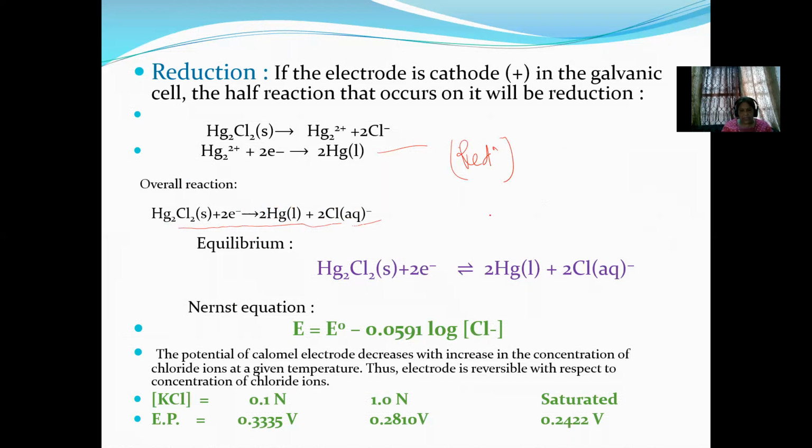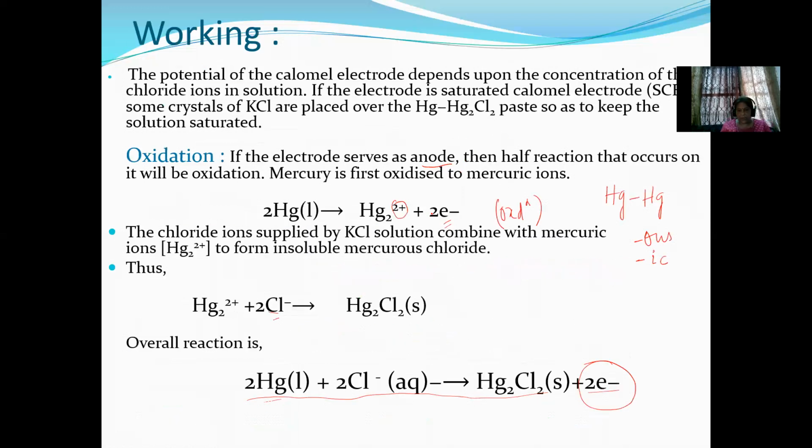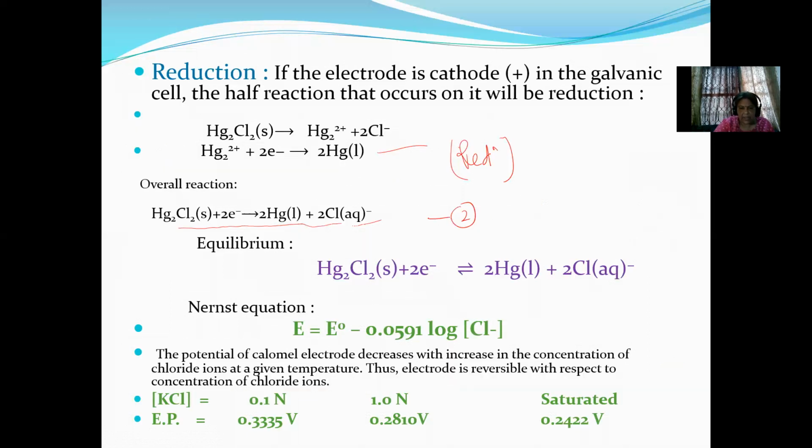Now, if I take this reaction as number 2, and the previous reaction as number 1, you can compare these two reactions, the anodic reaction and the cathodic reaction. When you compare them, you'll find that they are reverse of each other.